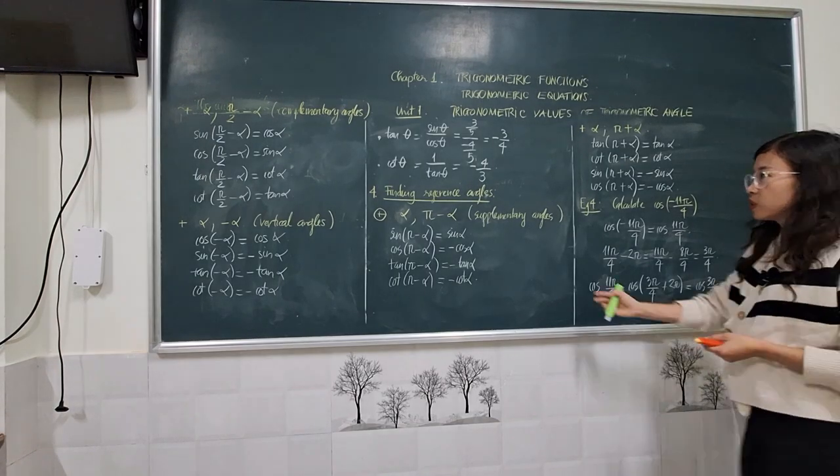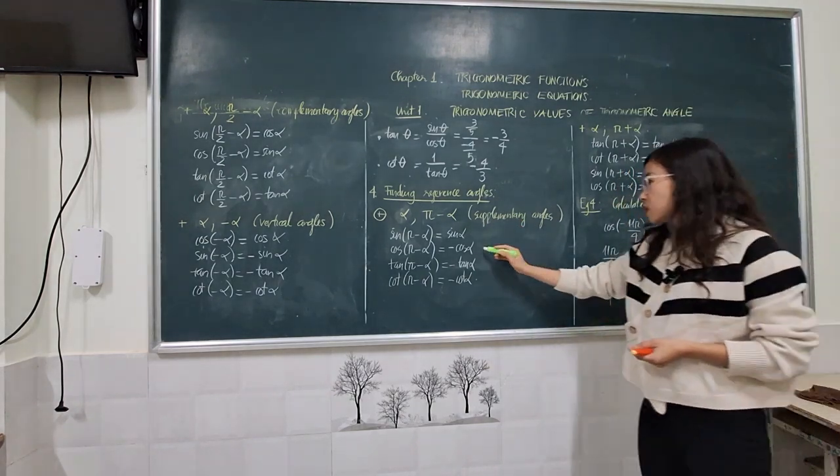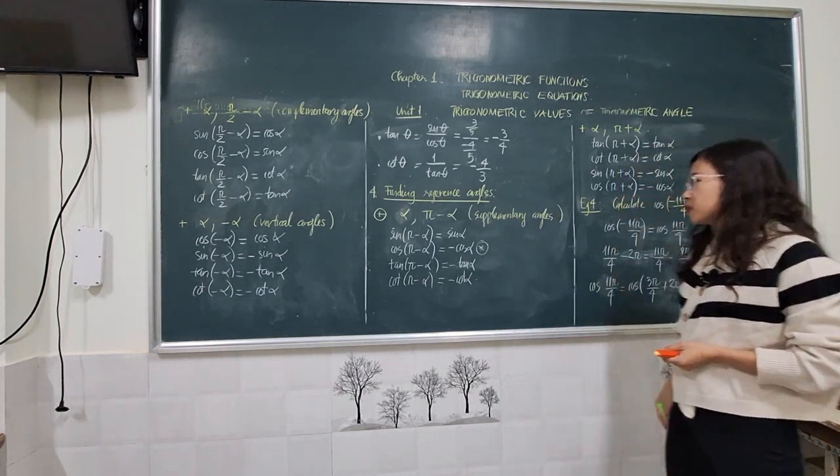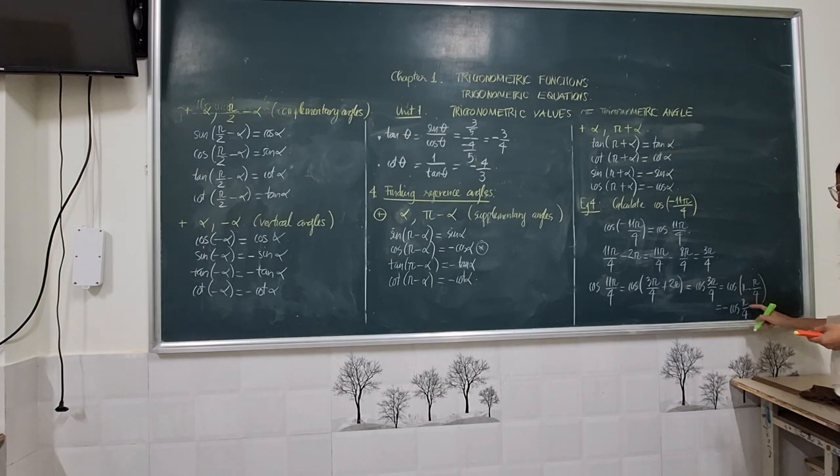So you can use the supplementary angles. That means cosine of pi minus alpha is equal to negative cosine alpha. So we have negative cosine pi over 4. And cosine pi over 4 is equal to the square root of 2 over 2.